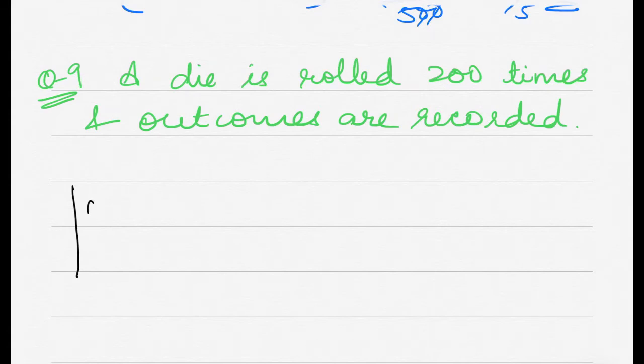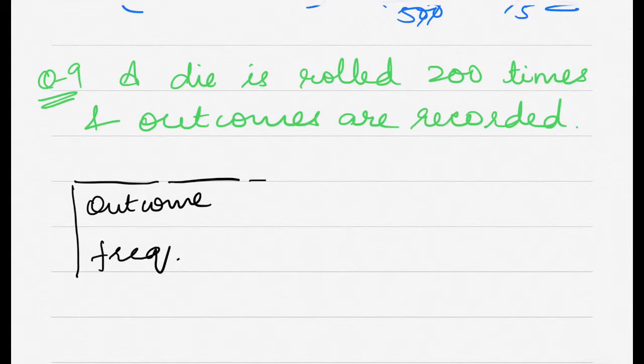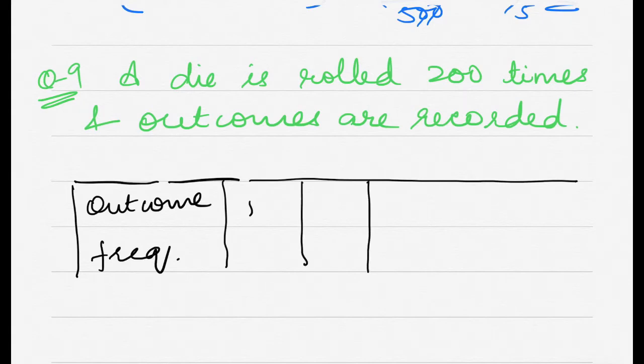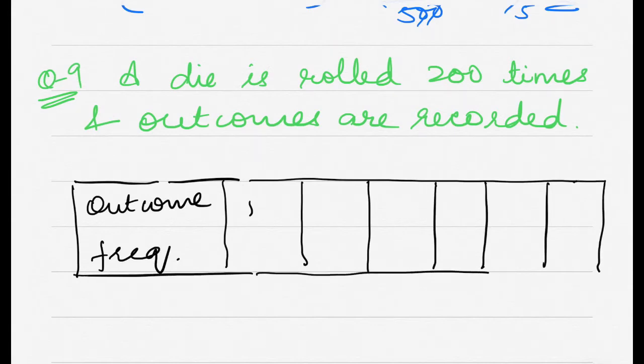In the table we have the outcome here and the frequencies here. We have 1, 2, 3, 4, 5, 6, because it is a die.